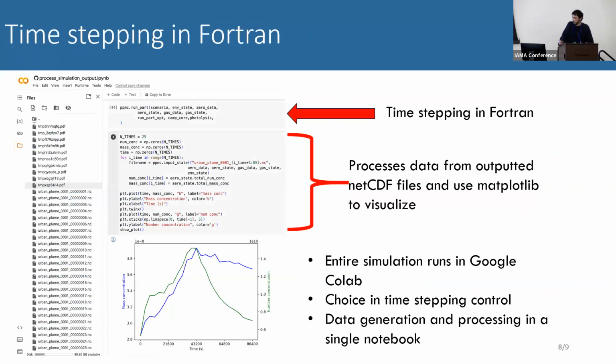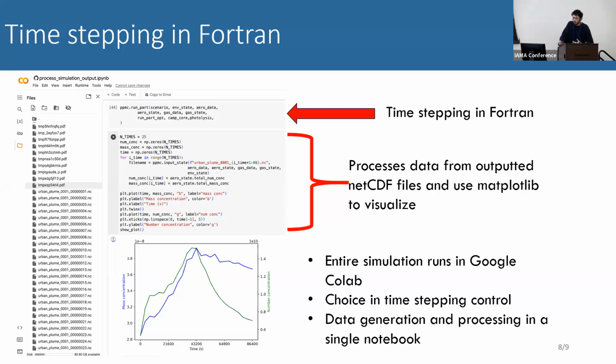And since we have time-stepping control in Fortran, we can see on the left-hand side of the screen that we still generate these netCDF files for every outputted time step. This data is generated through the simulation in this notebook. It's outputted, and then it's also processed in the exact same notebook. And then we can similarly use matplotlib to visualize or whatever the user would like.